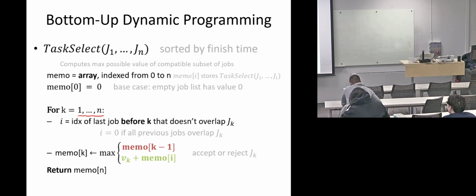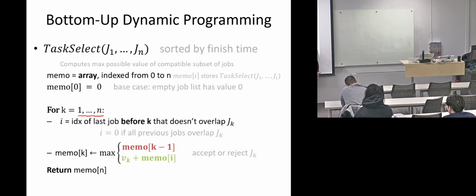Just compute the recurrence. This is the same recursive formula we had before. We compute i, this is the job that is before k and doesn't overlap with k. And what's the value of memo k?